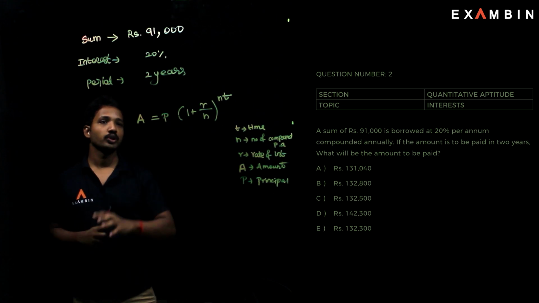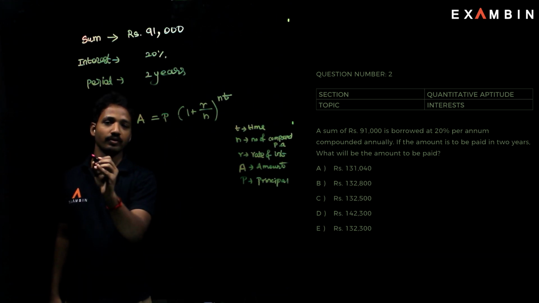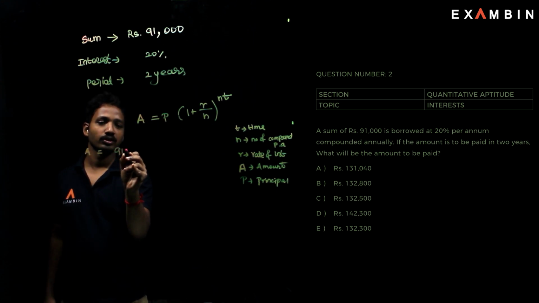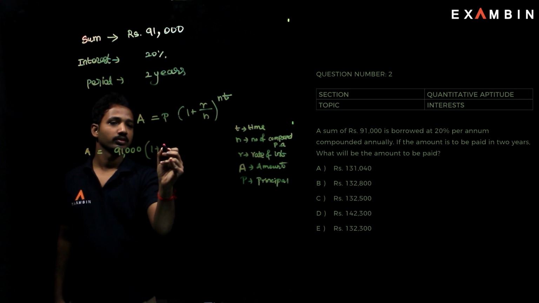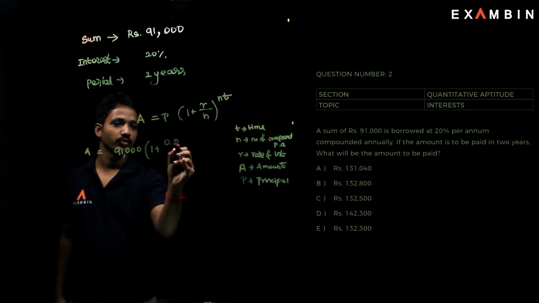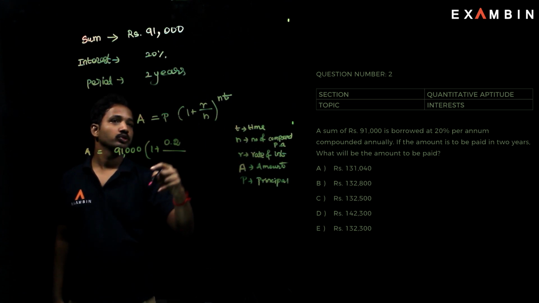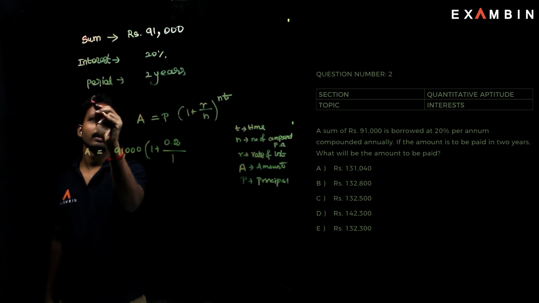Here we are going to substitute the values given in the question, so we are going to find A. A will remain as it is. Principal is 91,000 and 1 plus rate of interest is 20%, so I'm writing it as 0.2. Again, number of compounds per annum is only 1, compounded annually.